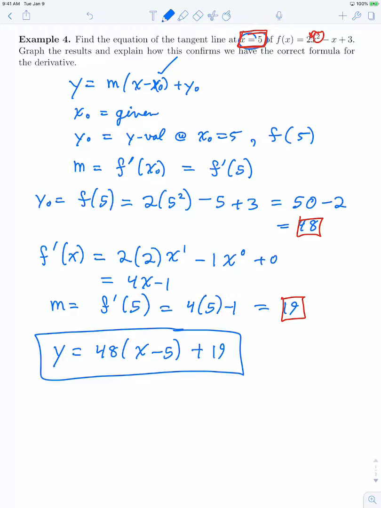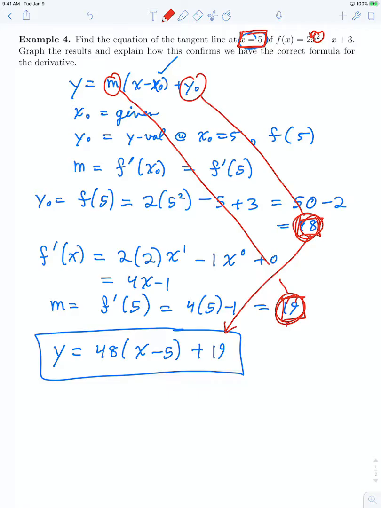Oops. You guys see what I did? All my calculations were correct, but I do need to pay closer attention to the formula and which thing goes where. So y0, that was positive 48. Where is that supposed to go? Ah, that's the number at the end. And m, that was 19.